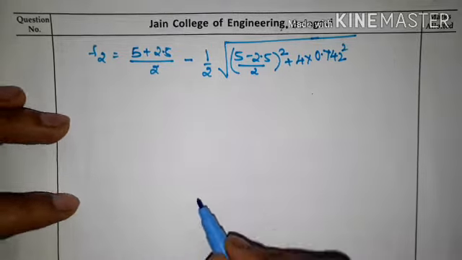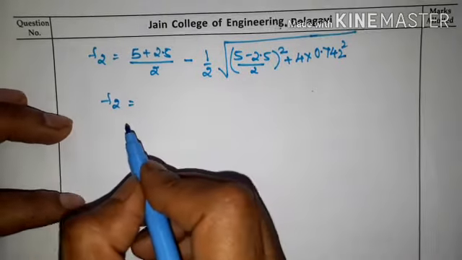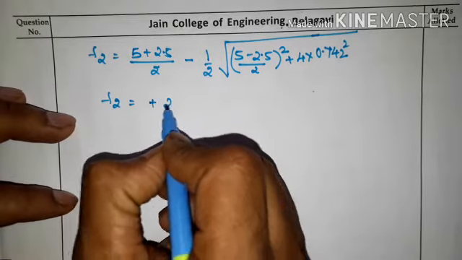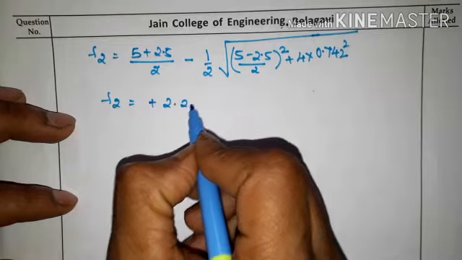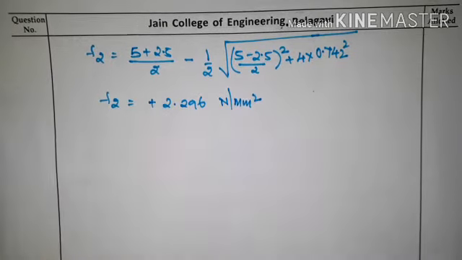Okay. So we will get this value F2 as the maximum tensile stress, that is plus 2.296 Newton per mm square. Okay, that is plus 2.296 Newton per mm square.